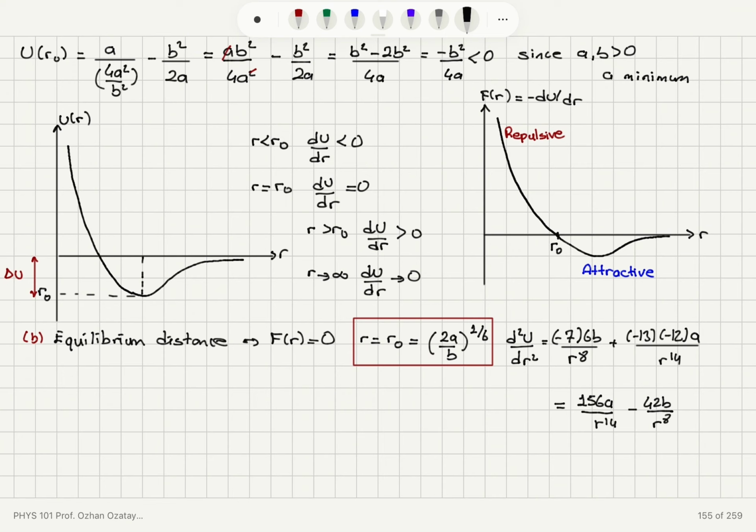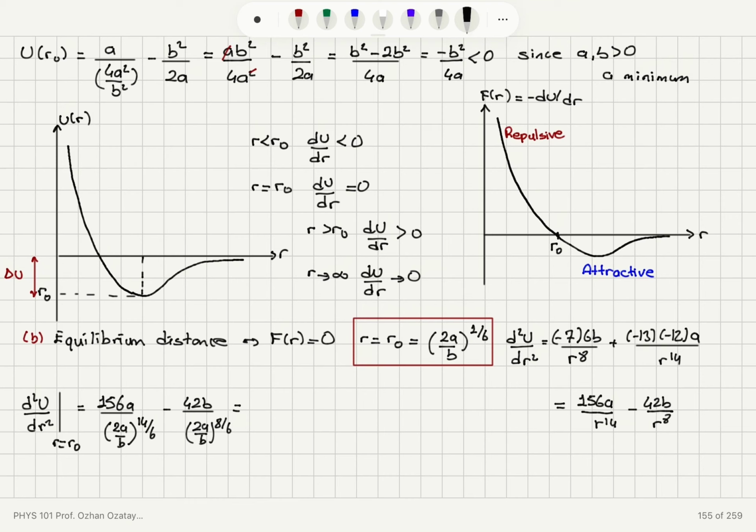So if I evaluate the second derivative of potential energy, d squared u dr squared, at the equilibrium point, r equals r0, this will become 156a divided by 2a over b to the power 1 over 6, so we have to the power 14 over 6, minus 42b divided by 2a over b to the power now 8 over 6.